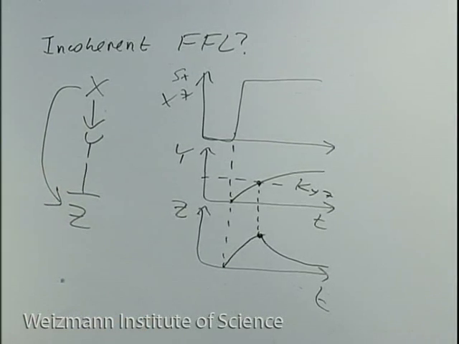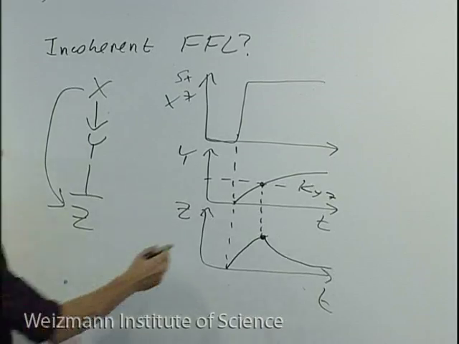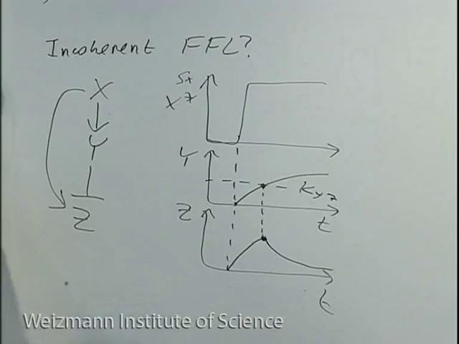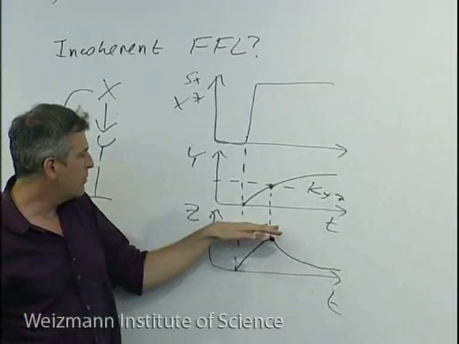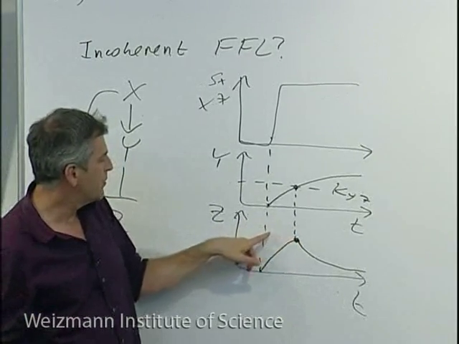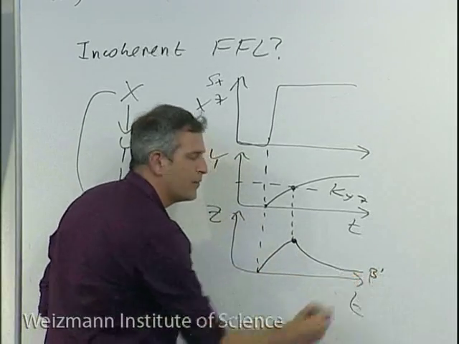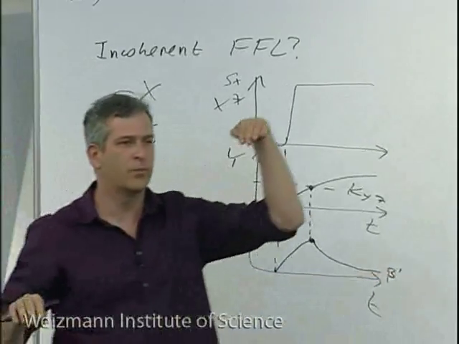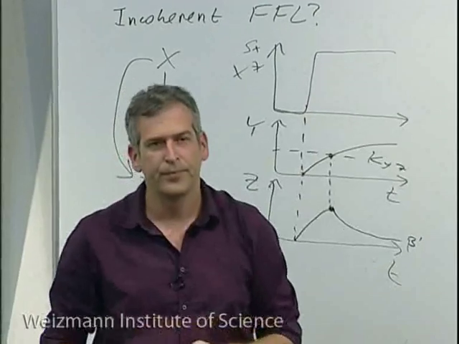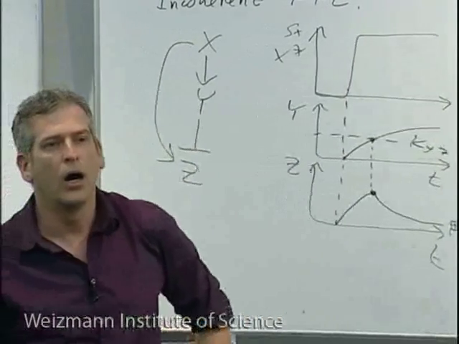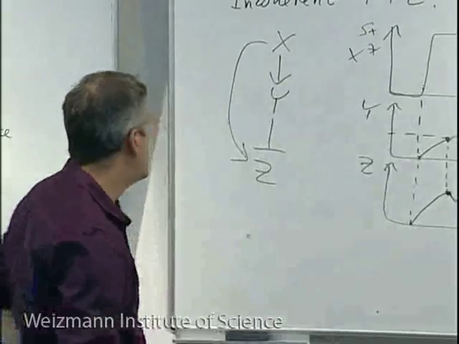Why is it going down? In exercise 1, you solved what happens when the production rate of a protein goes from beta to beta prime, something smaller. That's related to the effectiveness of the repressor.